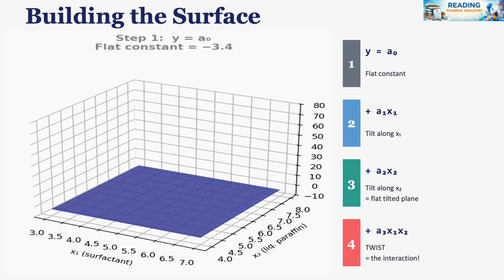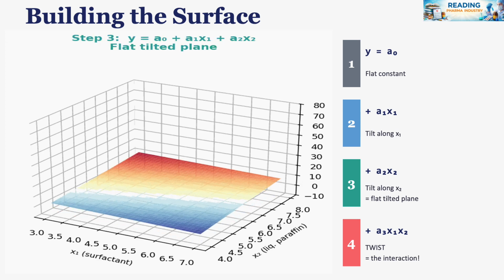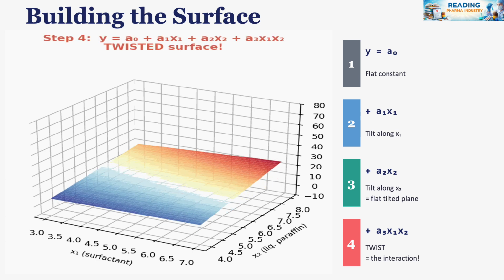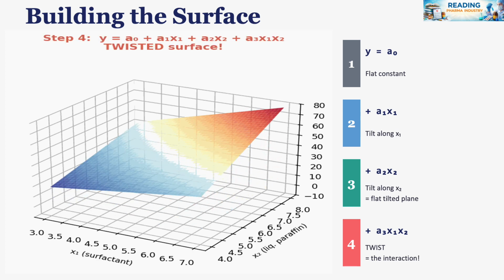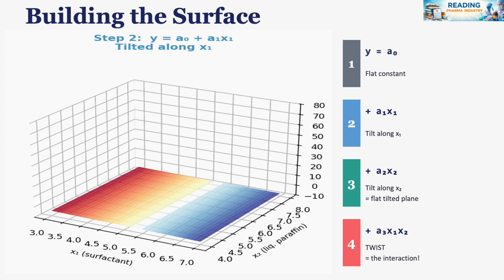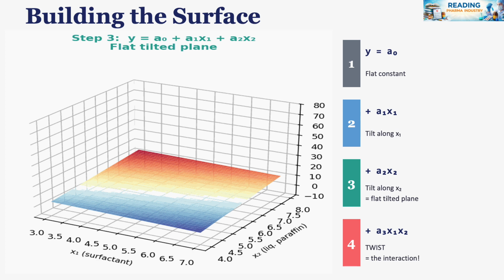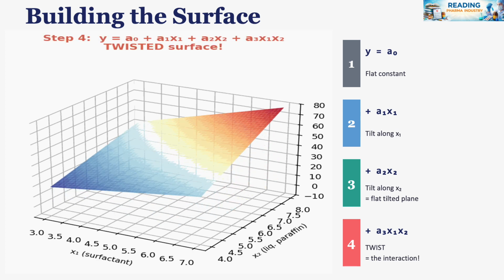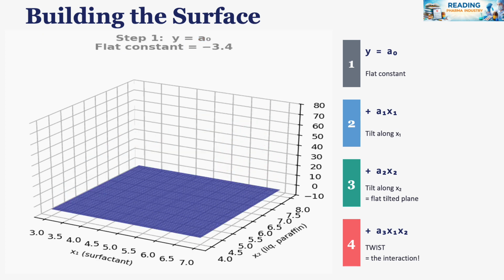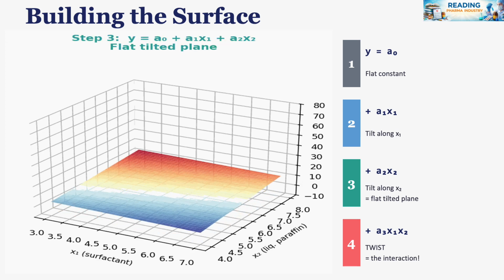Here we learn how to build a surface. So step 1, the constant A0, that will lead to a flat horizontal plane. Step 2, we need to add A1 x1, and in this way the plane tilts along the x1 direction. Step 3, we add A2 x2, and that tilts along the x2 direction as well.